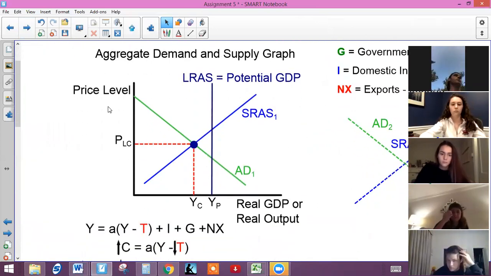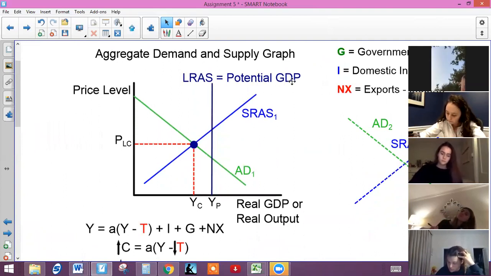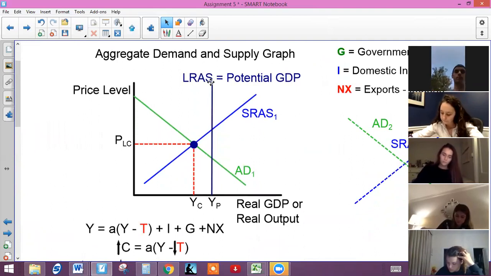Now, when we say natural rate of unemployment, that is like saying where we would be at the potential GDP, or where our output would be in the long run, where the long run aggregate supply is.